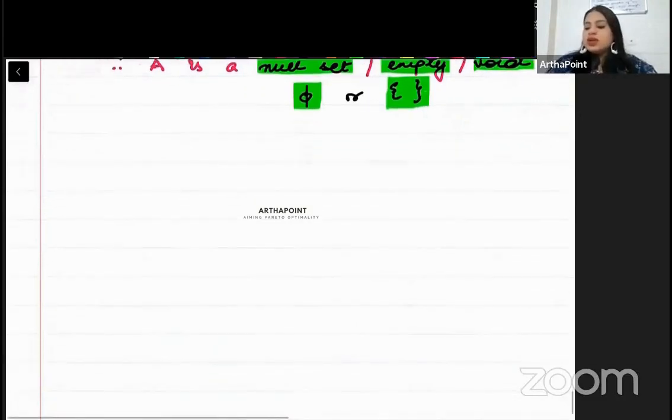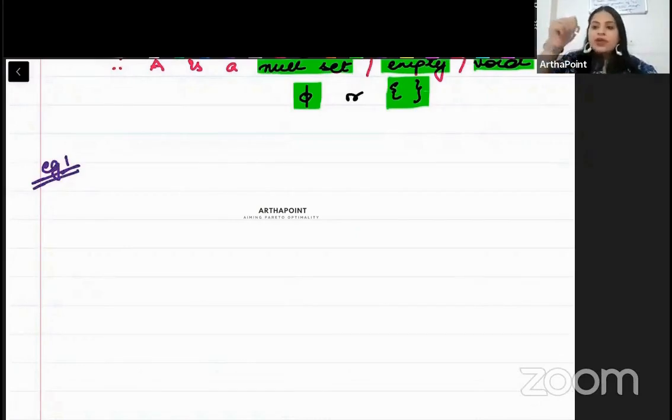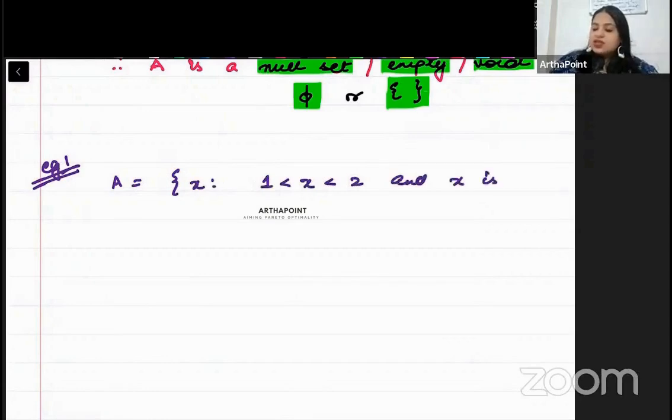Okay. So let us take a few examples of empty set. Take the first example, beta. Example number 1. Now, for this example, I am saying let A be the set such that X is between 1 and 2, and X is a natural number. तो बेटा natural numbers क्या होते हैं? 1, 2, 3, 4. ठीक है, ये natural numbers है.